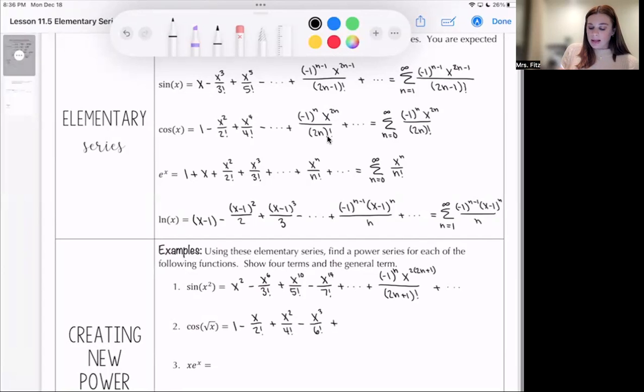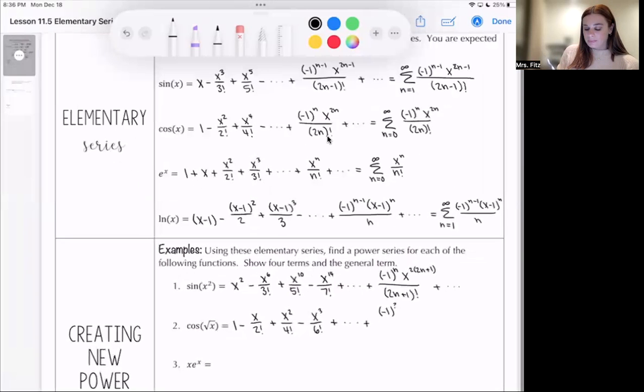Okay, plus ... And now it's time to come up with our general term. So if you notice, those factorials are double what your degree is. So keep that in mind. It's also alternating. So once again, I'm not going to deal with this guy yet. I'm going to put a question mark there as a placeholder for the -1. And then we have, it looks like x. And it looks like if I index it starting at 0, it will work.